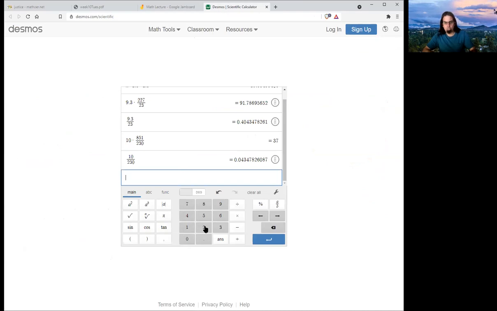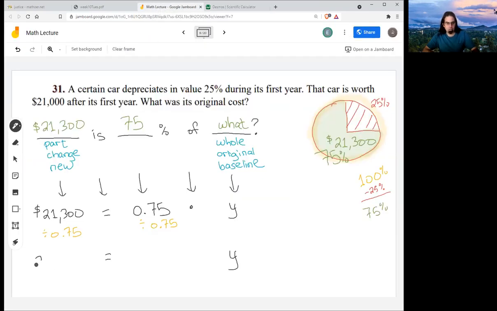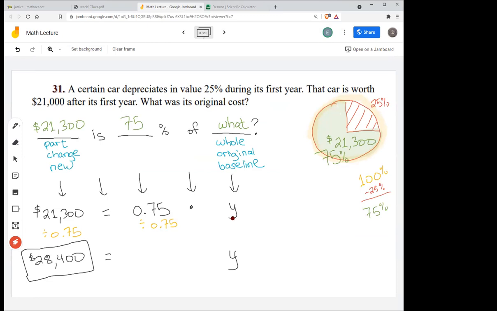And whatever that is, 21,300 divided by 0.75, 28,400. Does that seem like a reasonable price for the whole pie? Yeah.